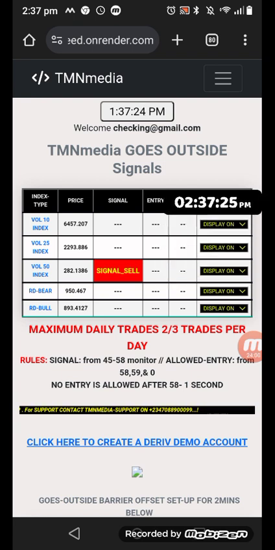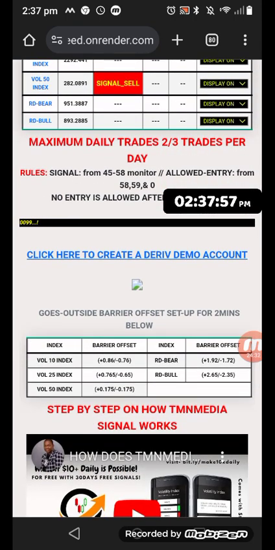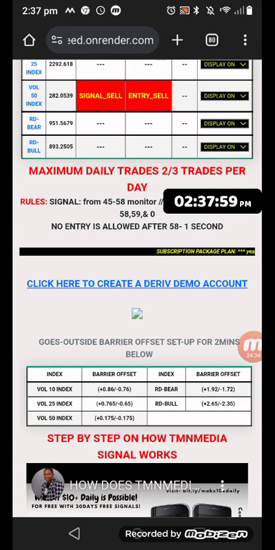Okay, look at this now. This is a signal setup. I don't have any money now to trade this that I would have loved to show you, but it's a signal setup that is coming up. I need you to understand it's slow and steady.